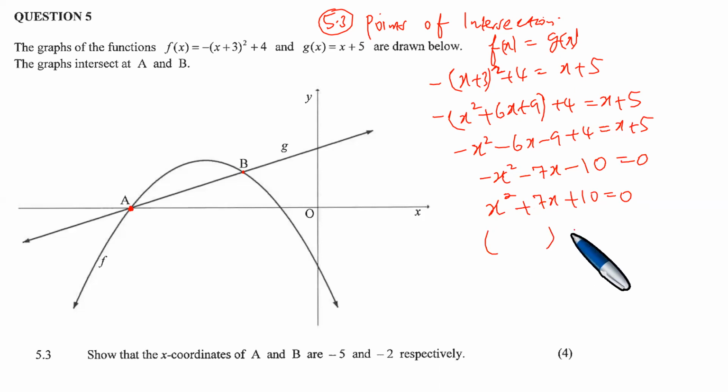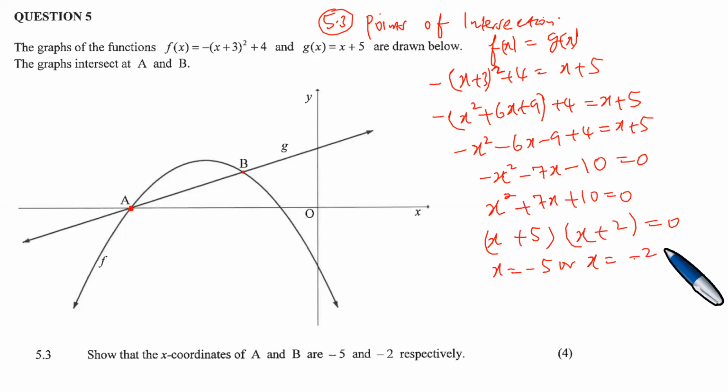So the factors of x squared are x and x. Factors of 10 are plus 5 and 2, which 5 plus 2 gives 7. And therefore, x becomes minus 5, or x equals minus 2. So we have this.